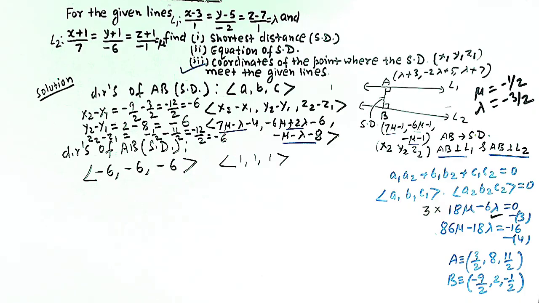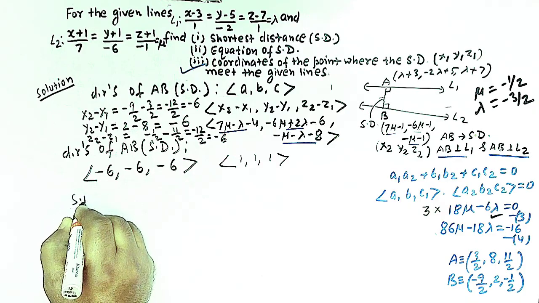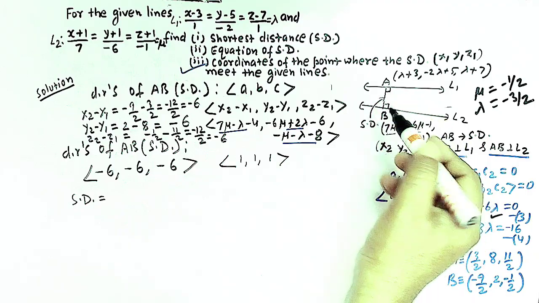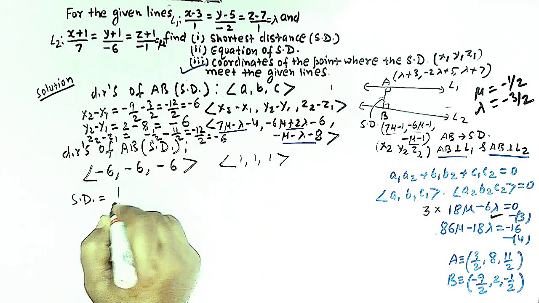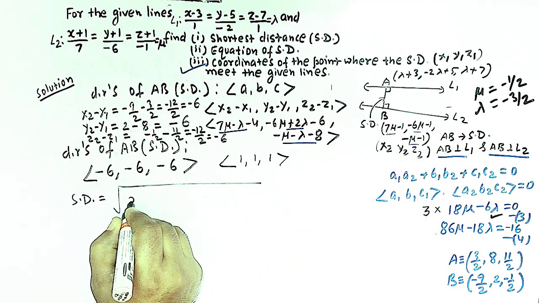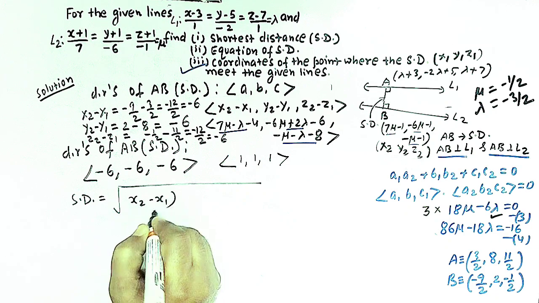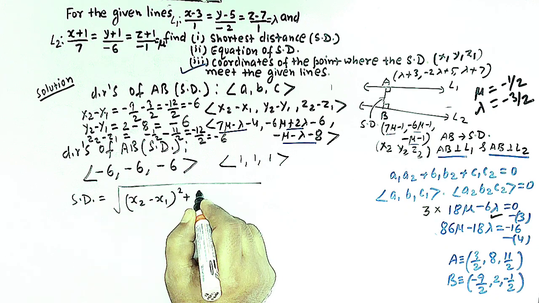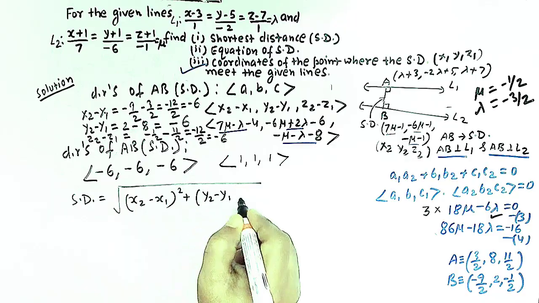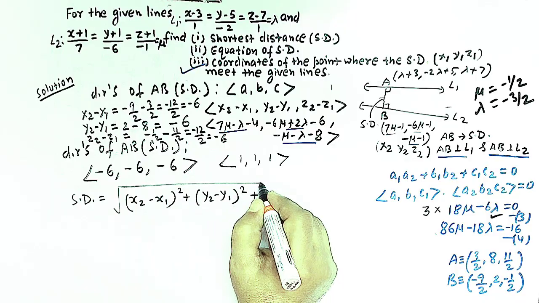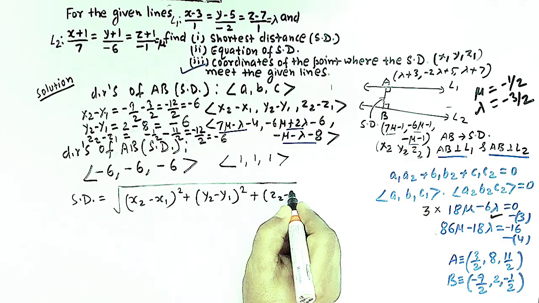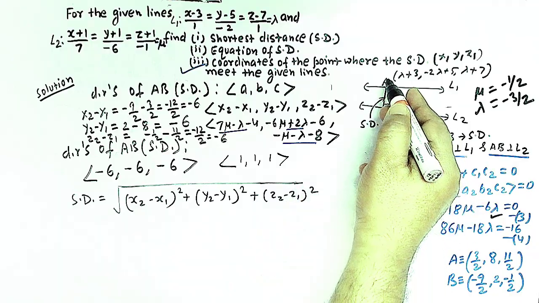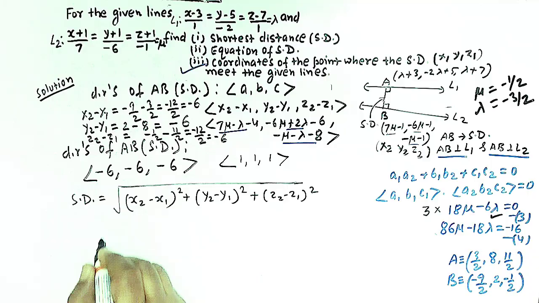So now let us find out the shortest distance, and the shortest distance is given by the distance formula, that is square root of x2 minus x1 square plus y2 minus y1 square plus z2 minus z1 square, because now we know the coordinates of the points A and B.